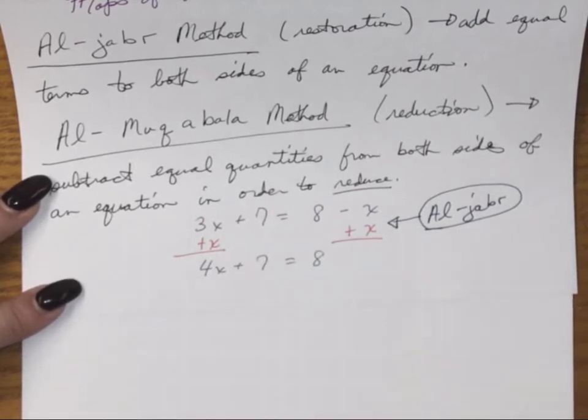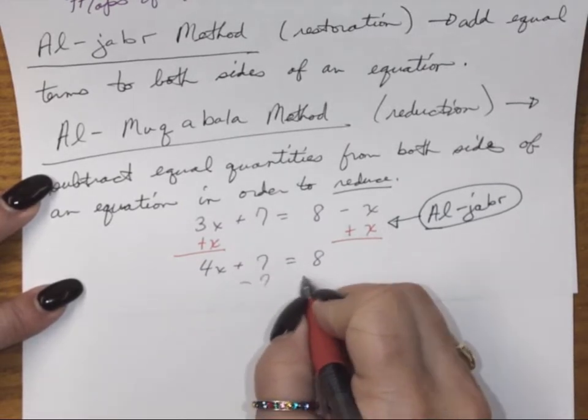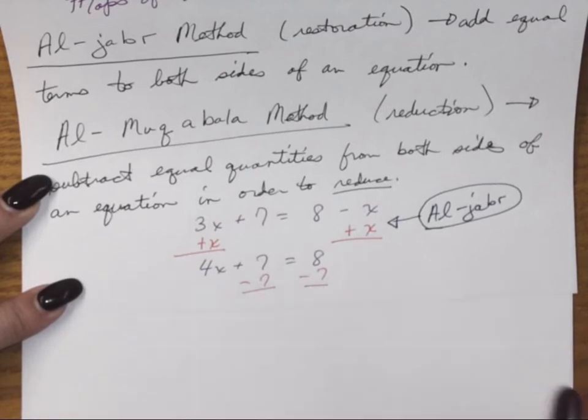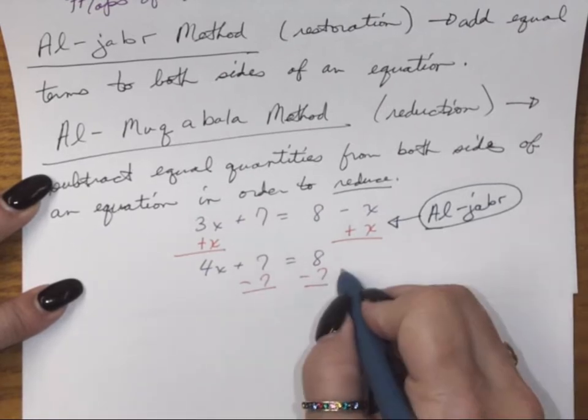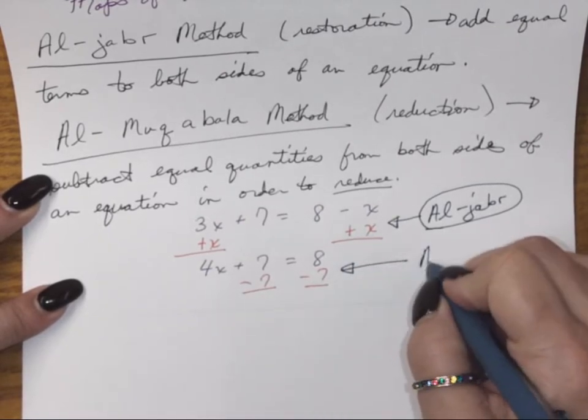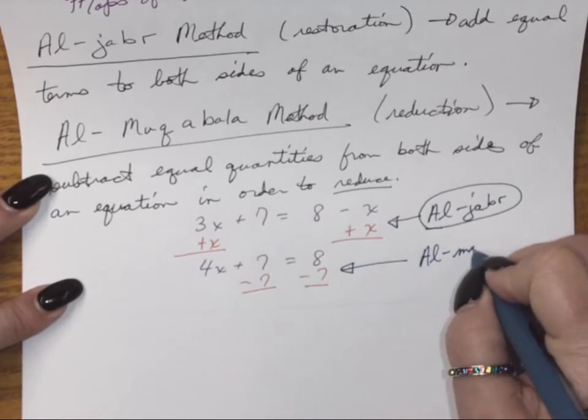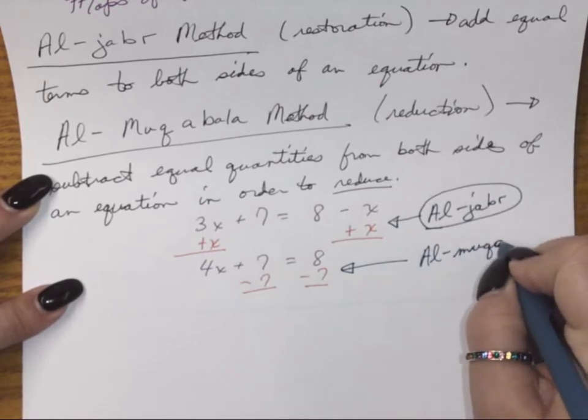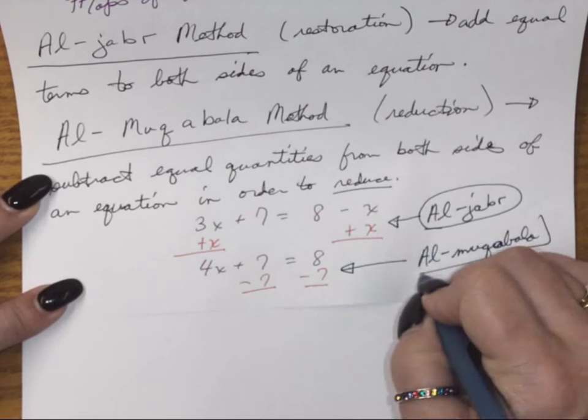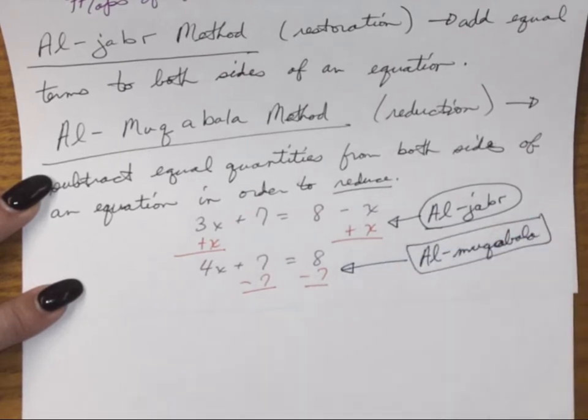And what's the next step in our process to solve this thing for x? Of course, I would subtract 7. So the process of subtracting that same exact quantity from both sides, this becomes what will be known as Al-Muqabala, or the method of reduction.